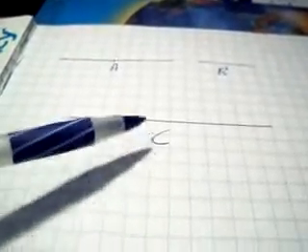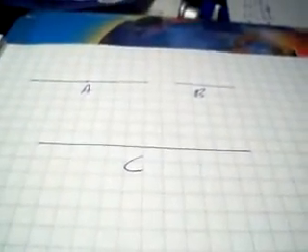Okay. Now the next part of the proof says that if the ratio of C to A and C to B, okay, talk about those ratios right there.